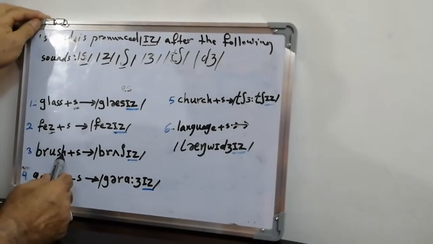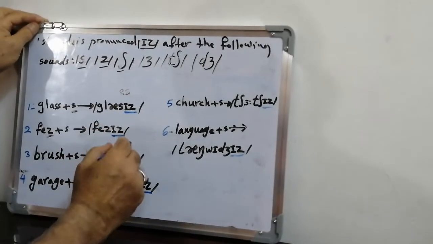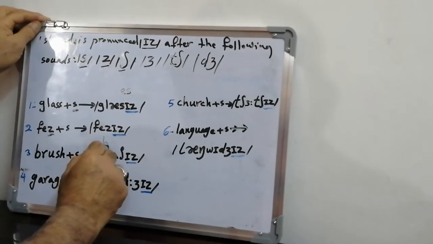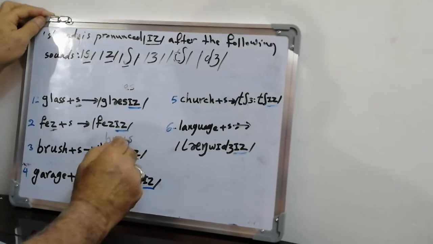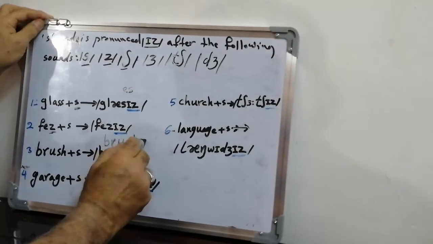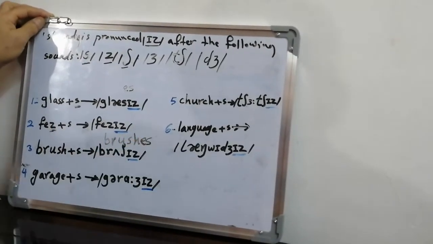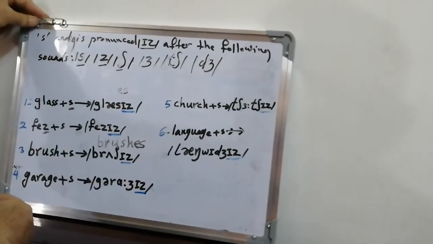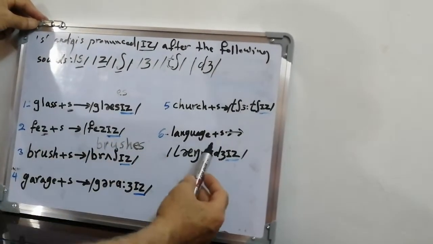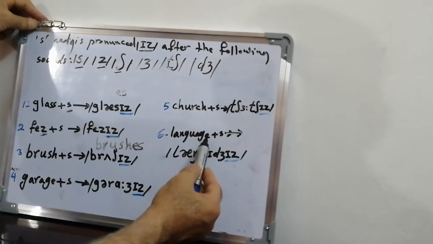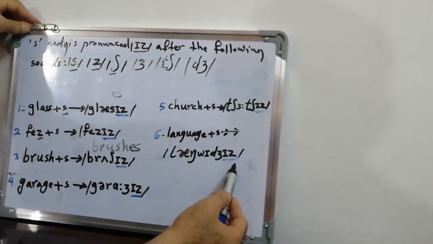S. So for example, brush is written B R U S H E S. So we add es. But in the words language and garage, because they already have e, we add s.